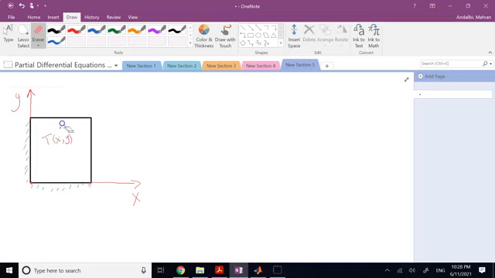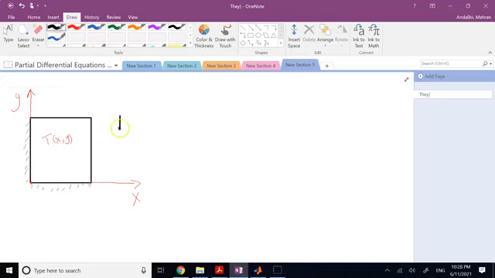Okay, so if the problem is a steady state like that, as I said, and no time variation, we call these types of problems boundary value problems.